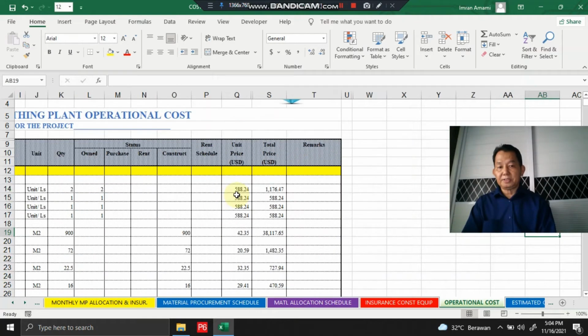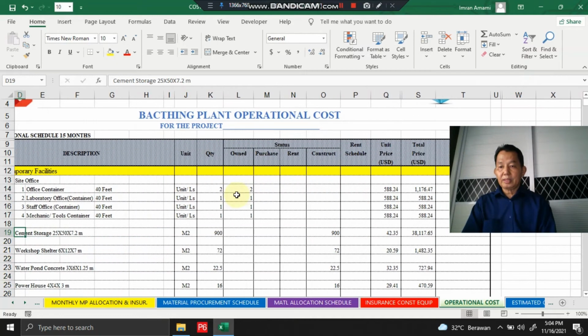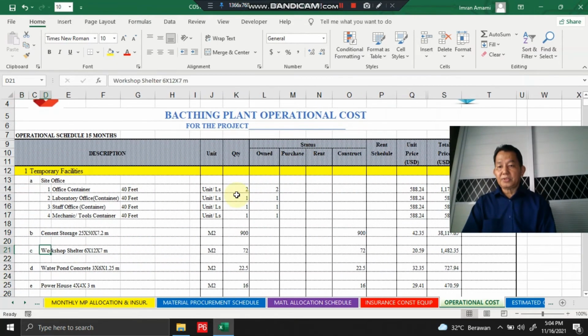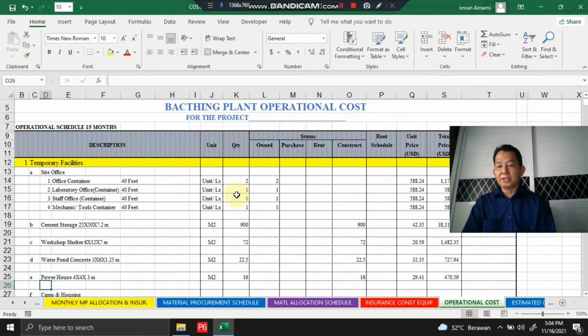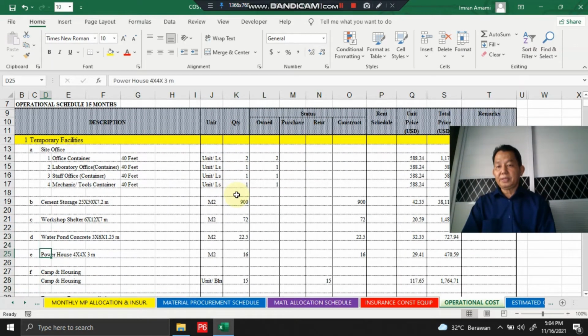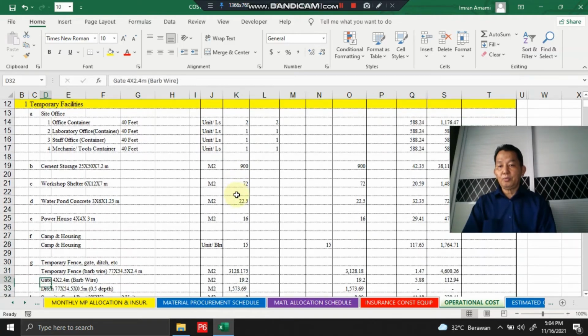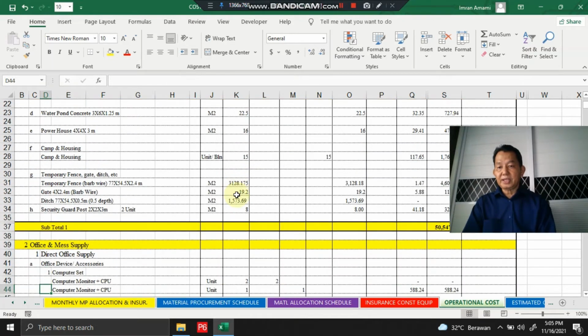Yeah, estimated price for this cement storage construction. And then workshop, construction for the workshop shelter, construction for waterborne concrete, construction for powerhouse with the size. Yes, with the size detail, and then camp and housing, temporary fence, gates, ditch, etc.